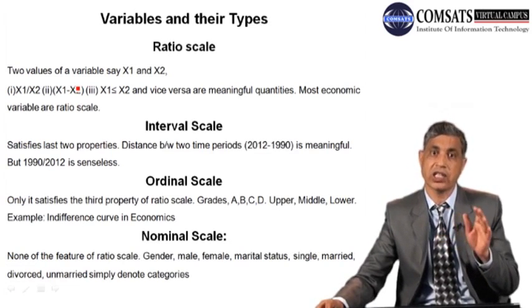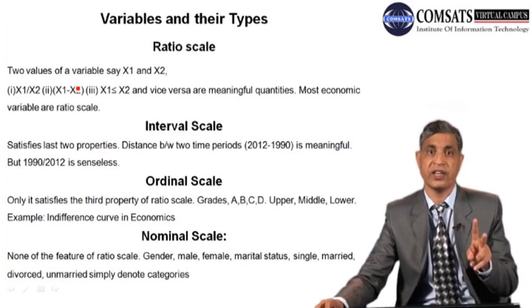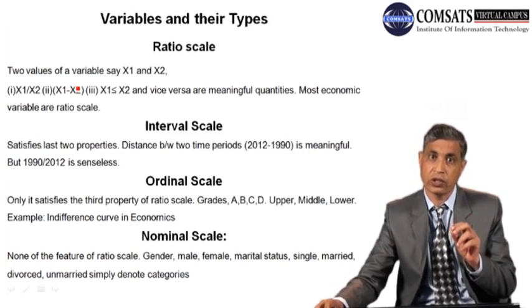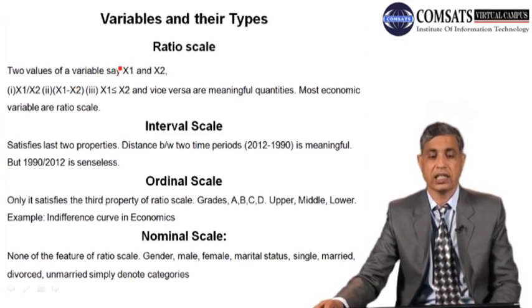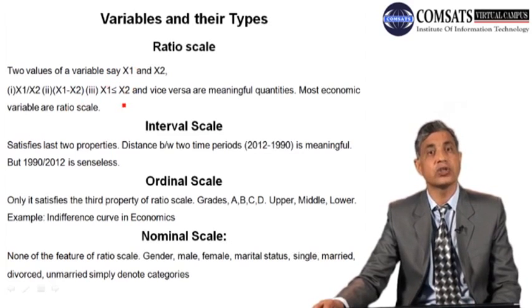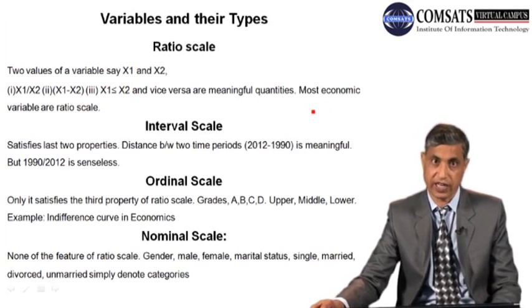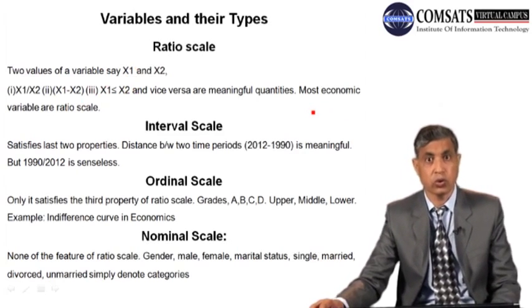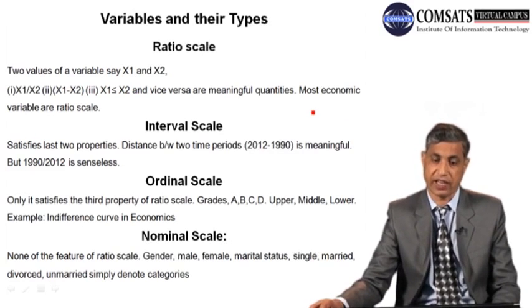Do not confuse that x1 and x2 are two different variables. These are two values of the same variable. And the third condition is that they should be ranked. There are many variables that are ratio scale variables, and it is interesting for you that most of the time we will be talking about the ratio scale variable.